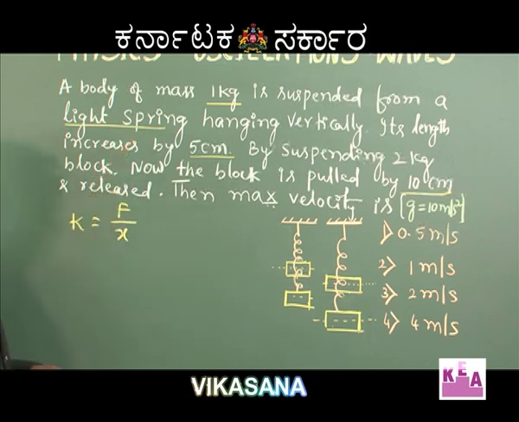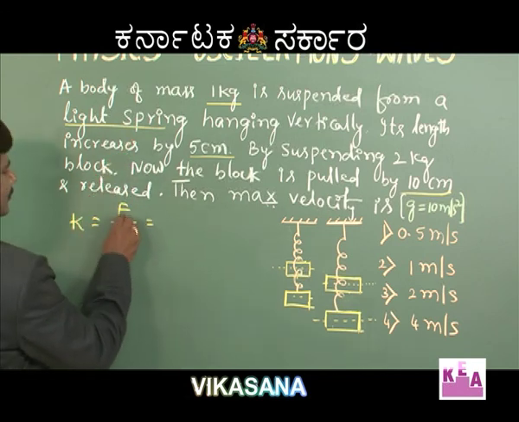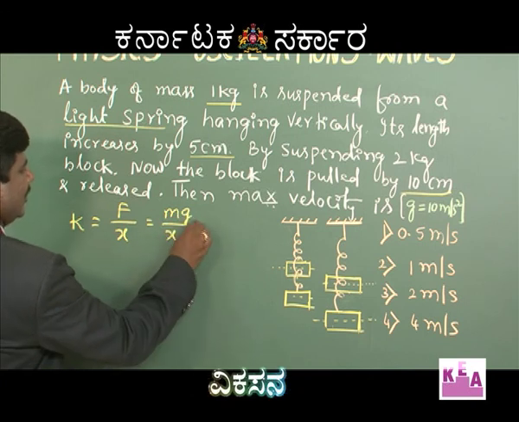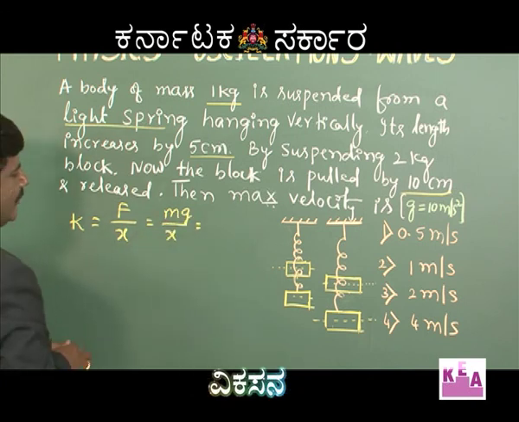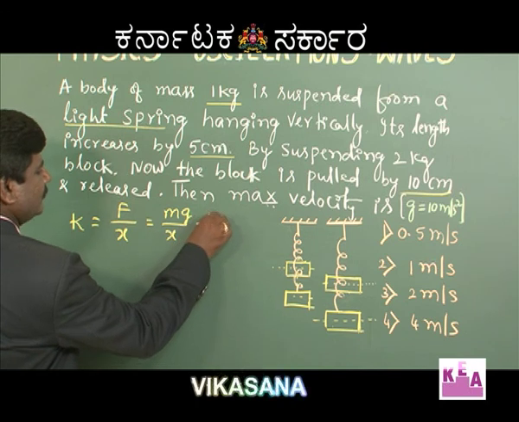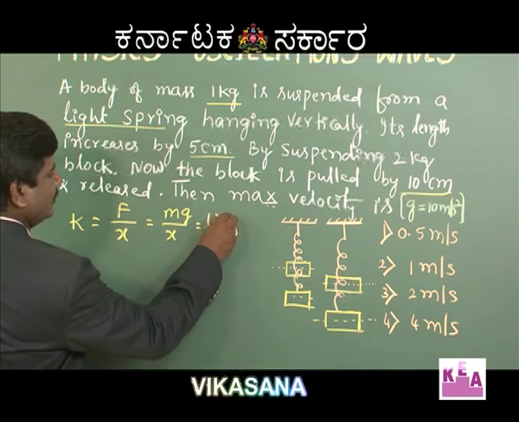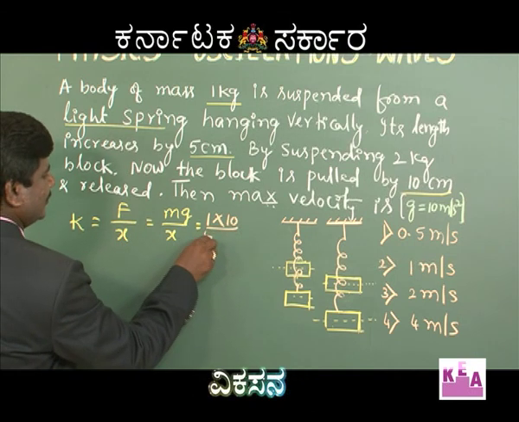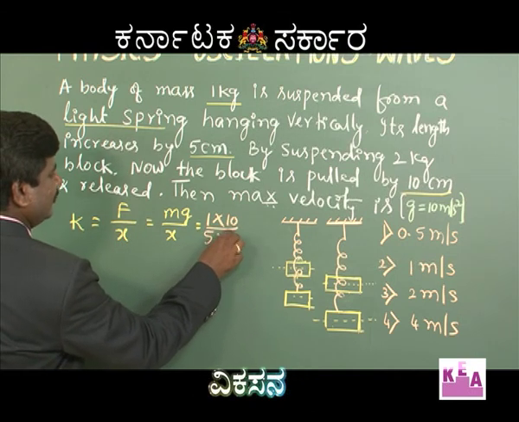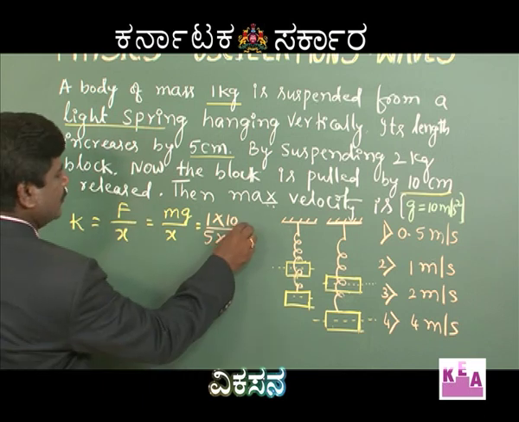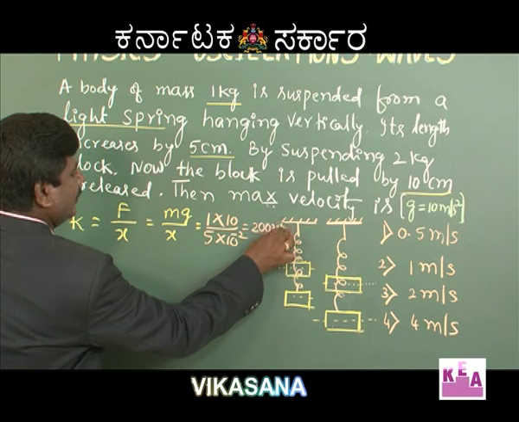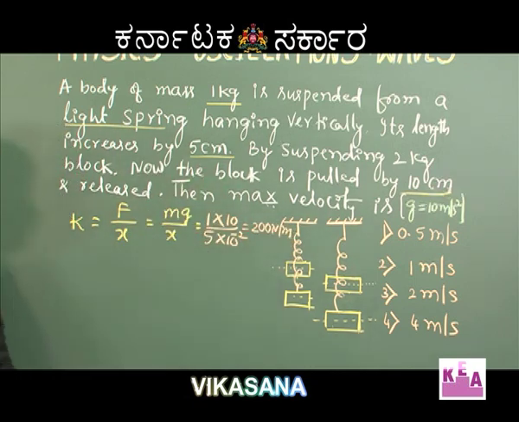By using mass. We know that force is nothing but mg, divided by x. Now let us substitute the data. The value of m is 1 kg, the value of g is 10 meter per second square, and the value of x is 5 centimeter, that is 5 into 10 to the power of minus 2. On simplification, we get 200 Newton per meter. It is the value of k.